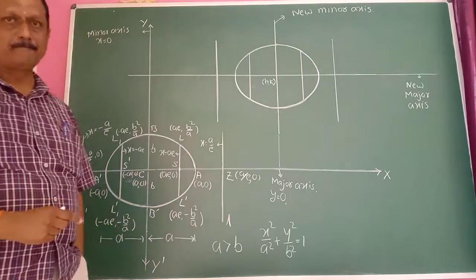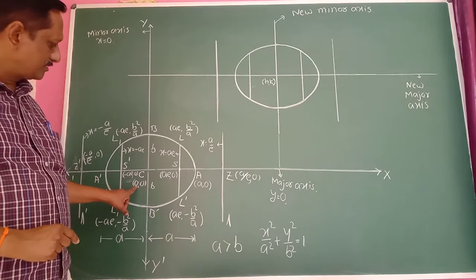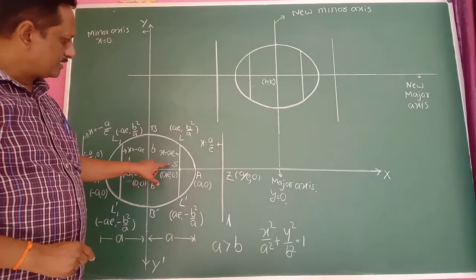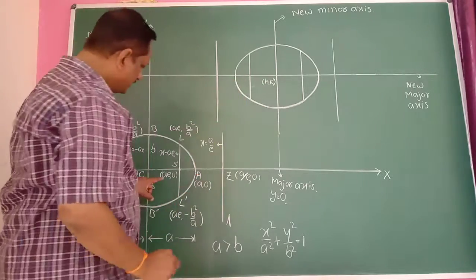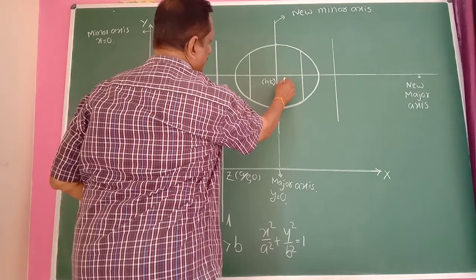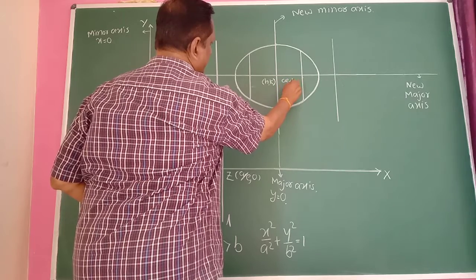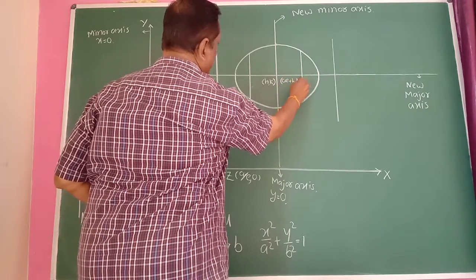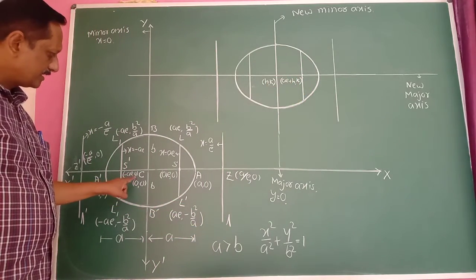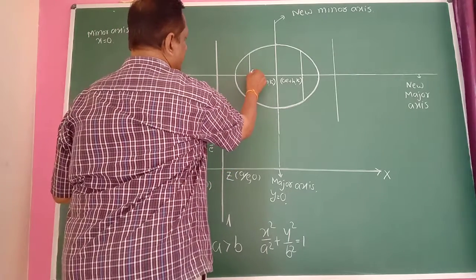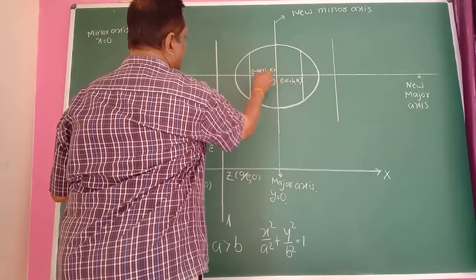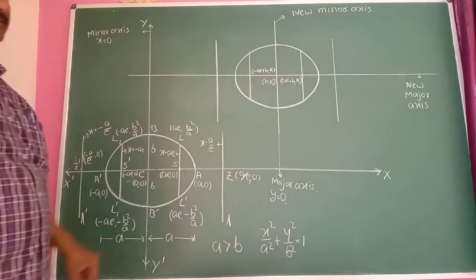Here the focus S is ae plus h comma k. Even here also, add h and add k: minus ae plus h comma k. These are the foci of the ellipse.